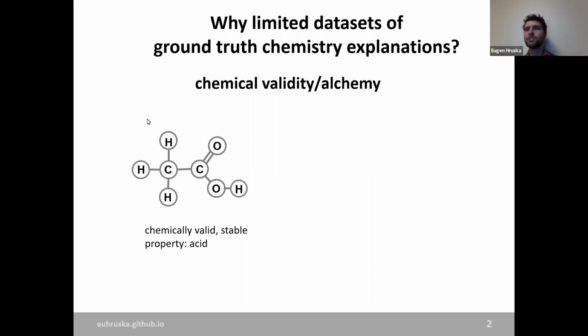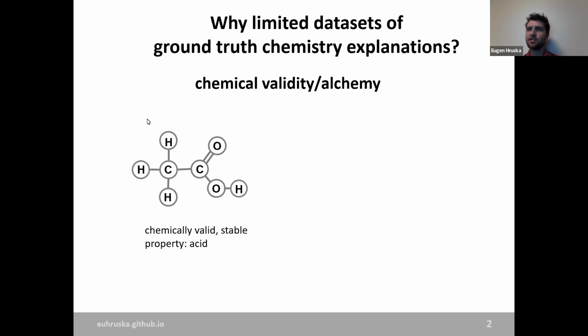For example, here we see a small molecular graph, a very simple chemical molecule. It's a stable molecule. It's a simple acid, in fact, acetic acid. It has some property. Now we want to ask what causes this property.